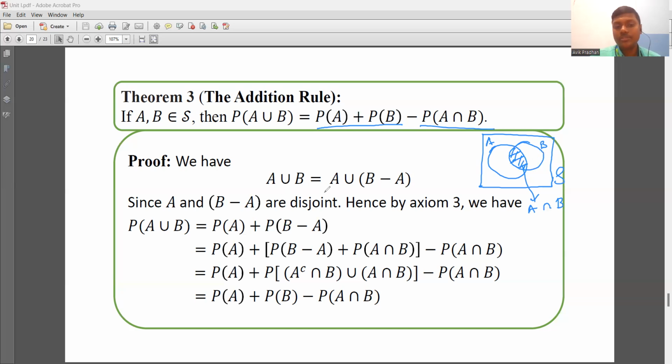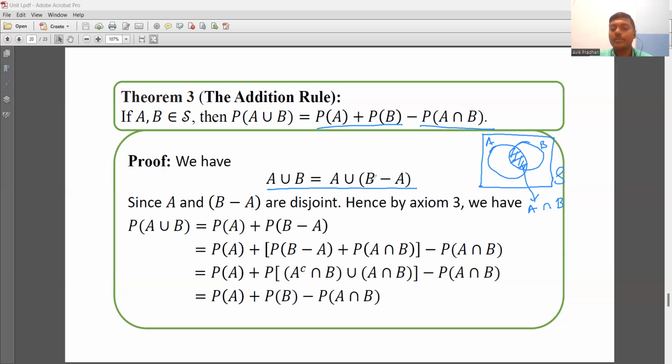So mathematically, by using set theory, we can prove it very easily. To prove it, we consider A union B as the union of two mutually exclusive sets. One is A, and the other part is the only B part. Only B part means the B minus A set.